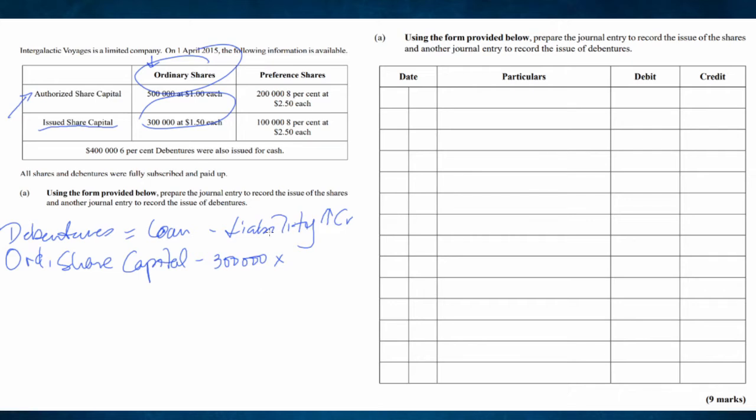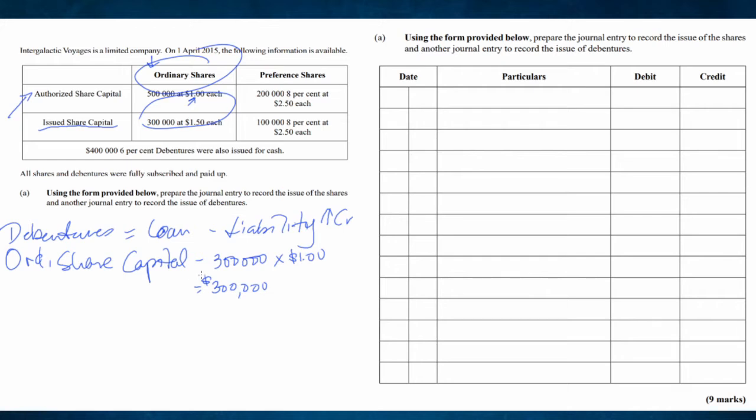How do we find our par value figure? We look at the authorized share capital. And here we are told that it is authorized to issue at $1 each. So it means that they actually issued at what we call a premium, but it is the dollar that we're concerned about here. So this gives us a dollar value of $300,000.